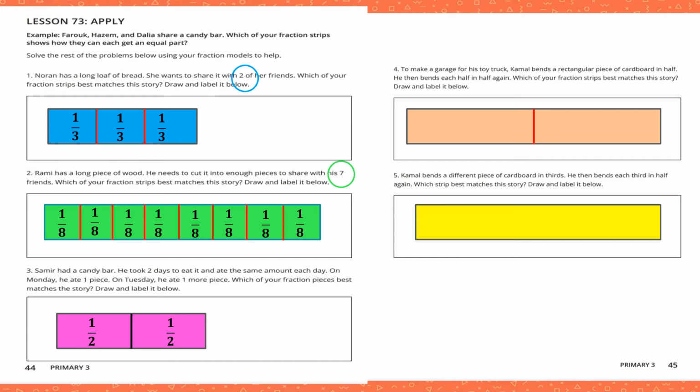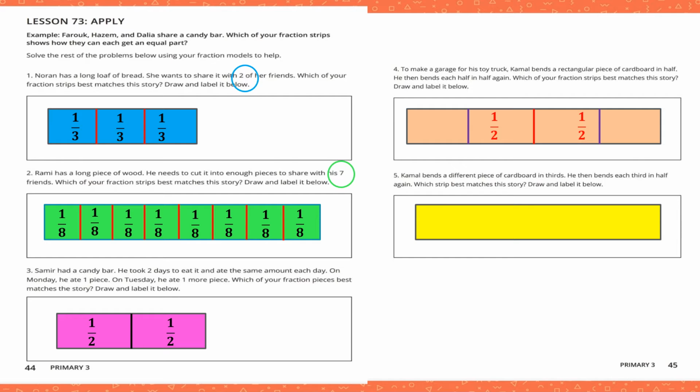Then he bends each half into half again. So I have here a half and here a half. He cut this half into halves and this half into halves like this. He cut this half into 2 parts and this half into 2 parts.